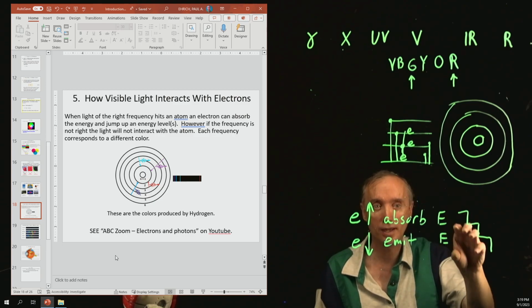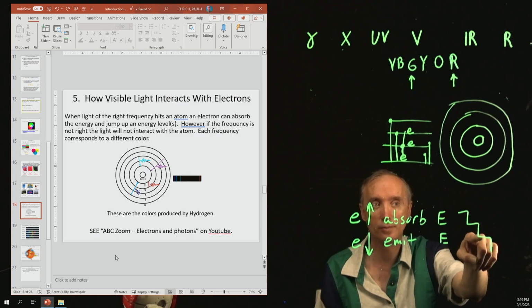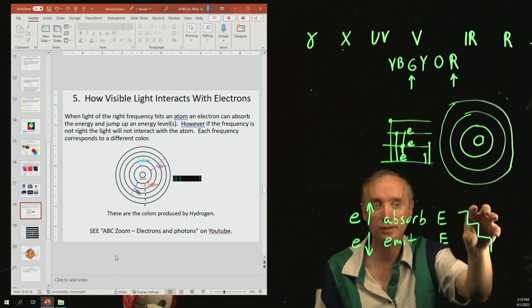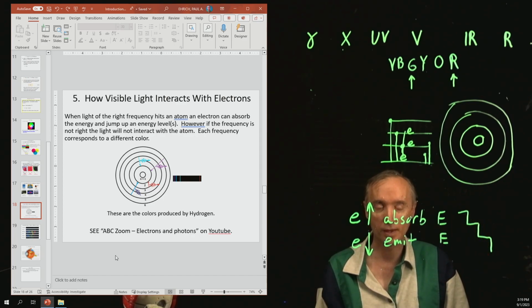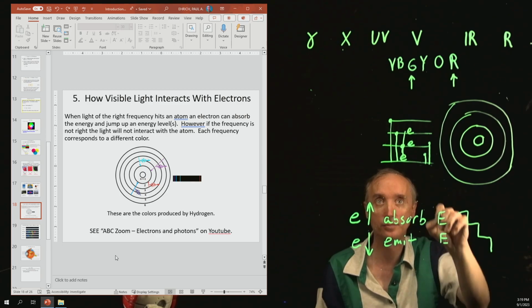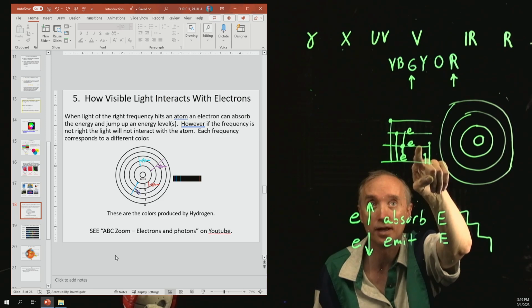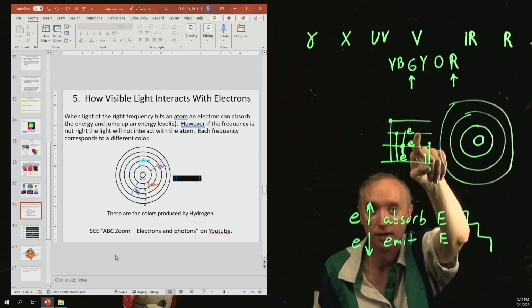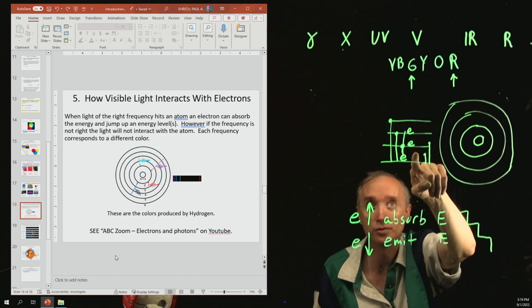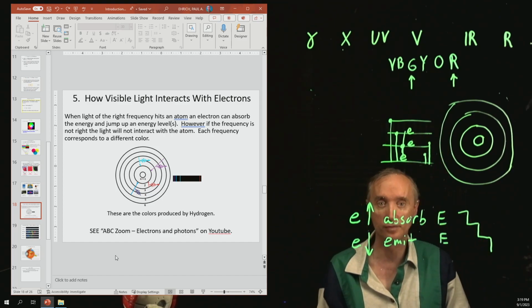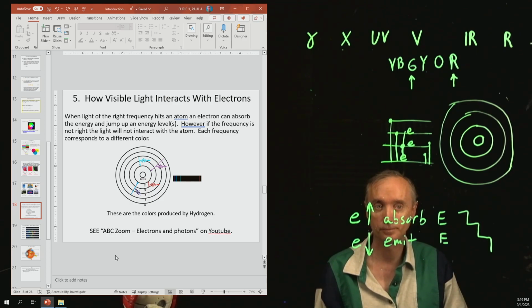So again, you cannot step onto a step unless you're raising your foot exactly 8 inches. And so inside the atom, the electrons are going to jump from one energy level to the next. Now it can jump 2 energy levels if it wants, but it cannot jump in between the energy levels. That's going to be forbidden according to the laws of quantum mechanics.